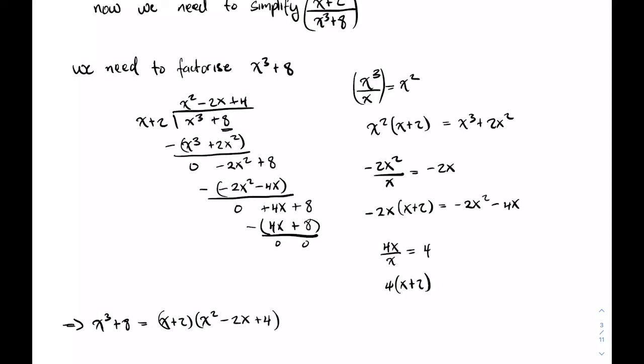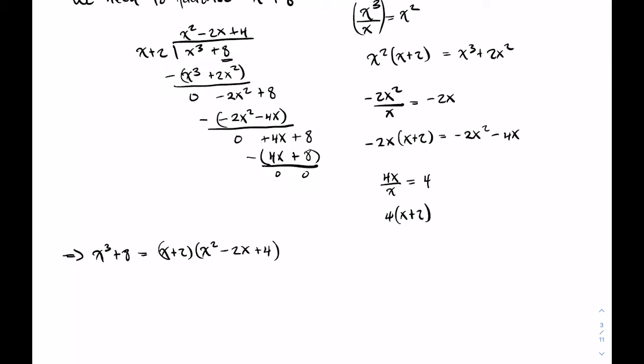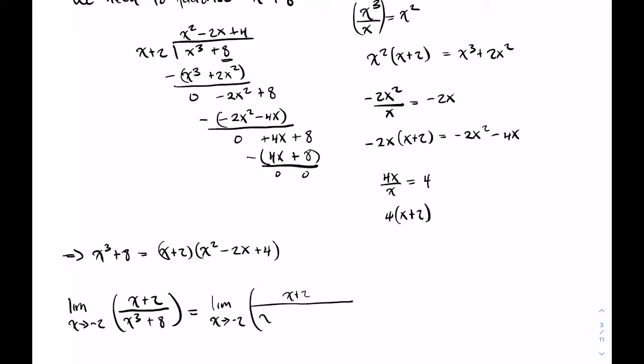Okay, so now we can go back to our limit, which is asking us the limit as x approaches negative 2 of x plus 2 divided by x cubed plus 8. We can now simplify this, or rather we can now insert the expression which we just derived. So this gives us the limit as x approaches minus 2 of x plus 2 all divided by x plus 2 times x squared minus 2x plus 4.